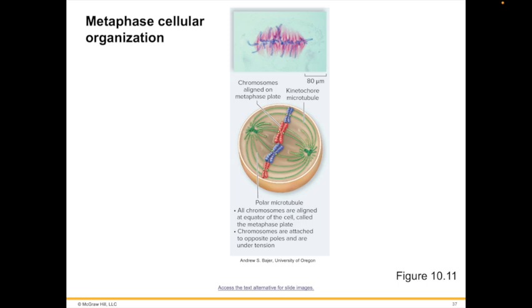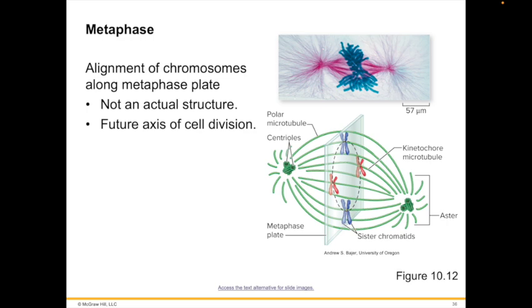An imaginary plane perpendicular to the axis of the spindle that passes through the circle is called the metaphase plate. The metaphase plate is not an actual structure, but rather an indication of the future axis of cell division. Positioned by the microtubules attached to the kinetochores of the centromeres, all the chromosomes line up at the metaphase plate.